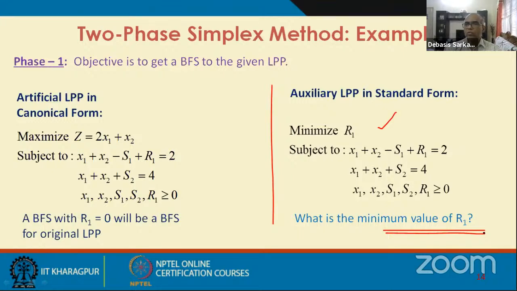And if the minimum value of R1 is 0, then the solution that we obtain here becomes a basic feasible solution for the original problem. But if the minimum value of R1 is non-zero, then the original LPP is infeasible. So this needs to be solved using the regular simplex method. Note that the objective function is minimization of R1. Either you can go ahead with this minimization of R1 or you can write maximization of minus R1.